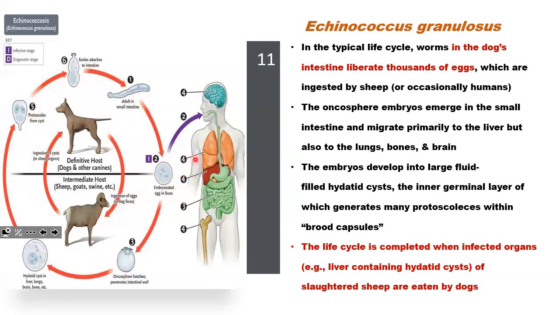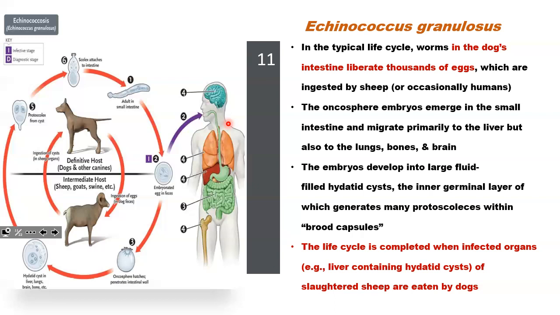So this is the usual cycle shown in red. However, just like the eggs of Taenia solium, the eggs of Echinococcus granulosus can also cause infection in humans. But again, they are dead-end hosts. They are accidental. Unless you feed the human body to a dog, this is the end of the story in humans.